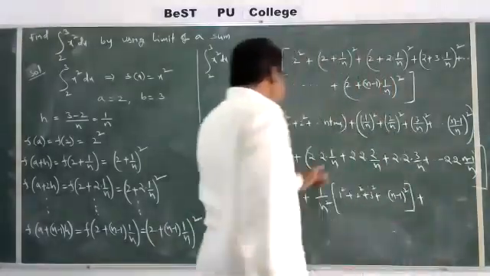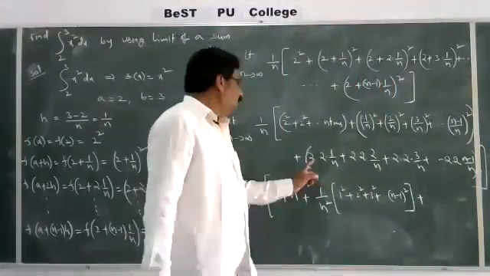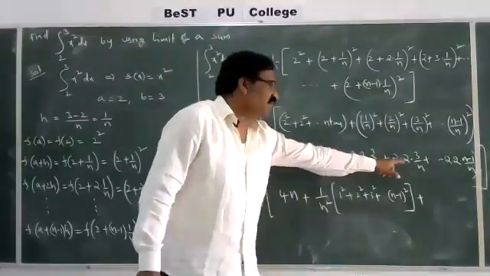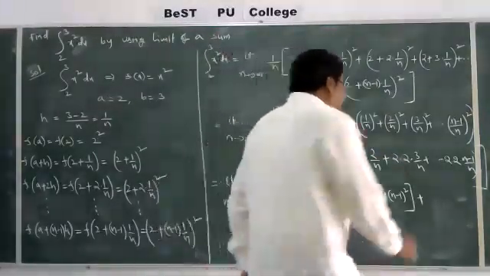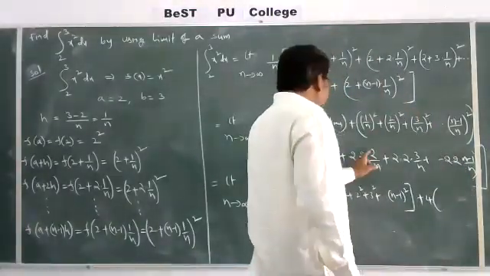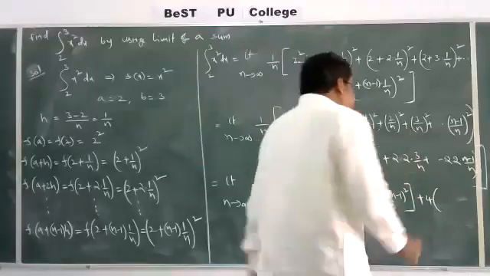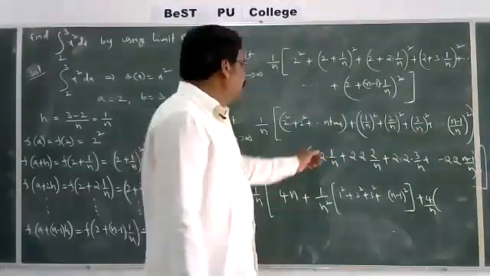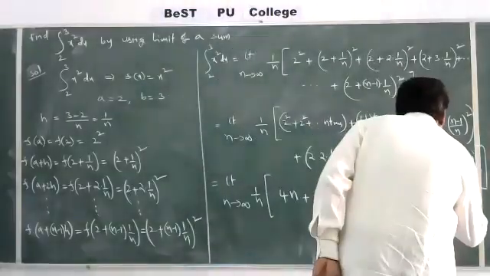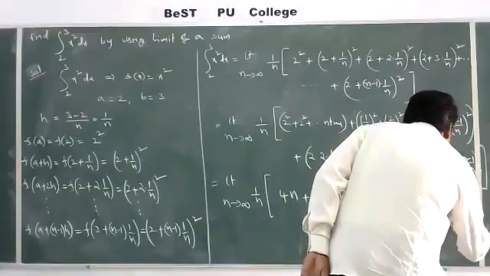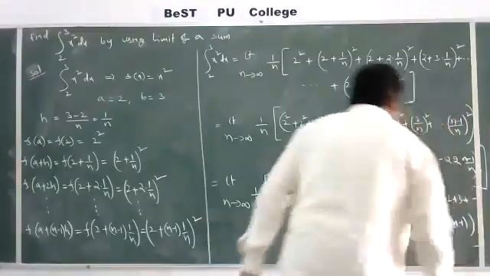Plus observe this bracket. For every term, 2 twos are 4. 4 is common into 1 by n, 2 by n, 3 by n, like that, so 4 by n is common. Then you get 1 plus 2 plus 3 plus and so on n minus 1 terms.